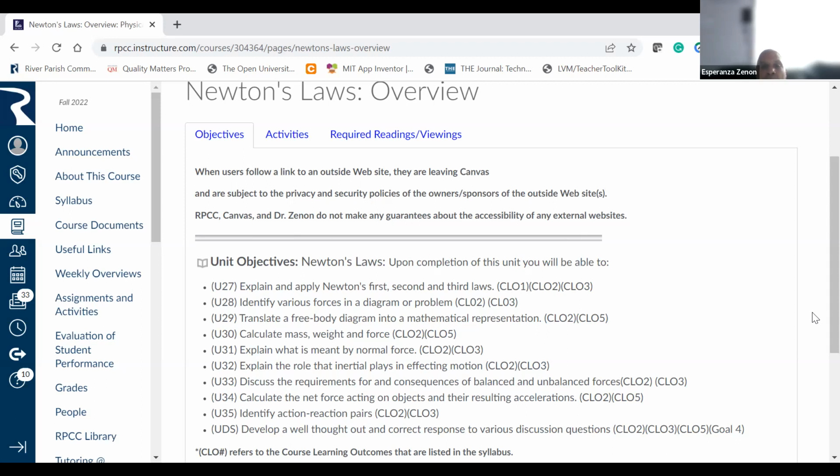Okay. And so you can see from the objectives some of the types of things that we're going to be looking at in order to understand Newton's laws and all the terminology that's relevant for forces. So we'll be looking at some different types of forces, things like weight and normal force.